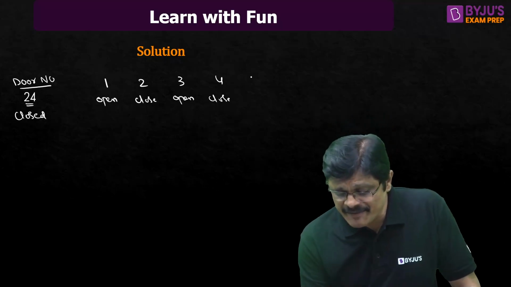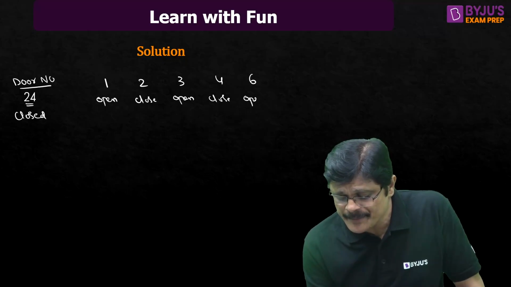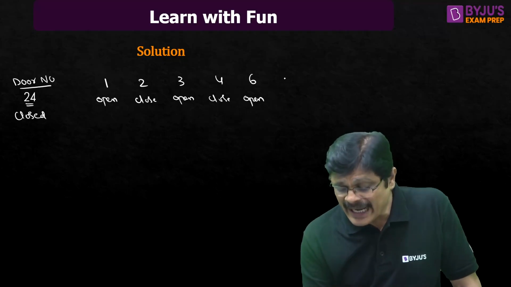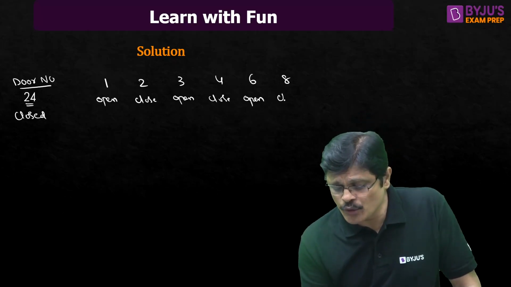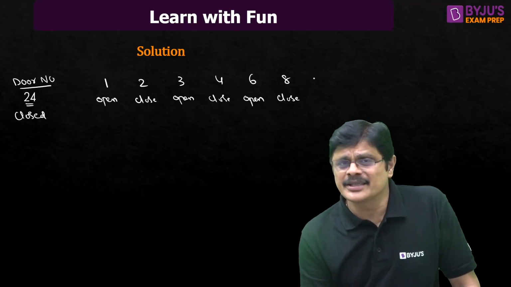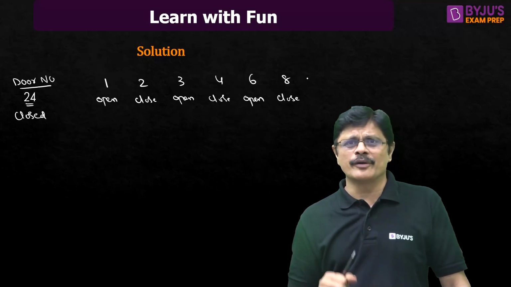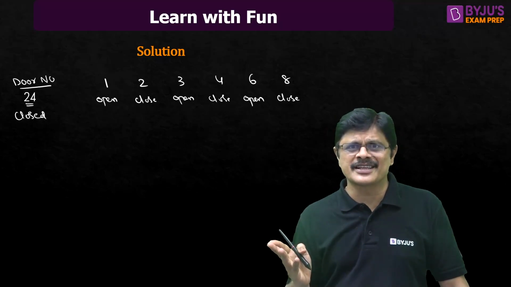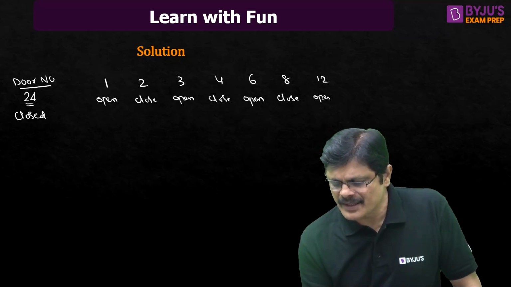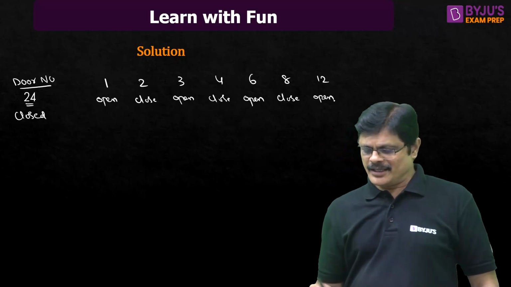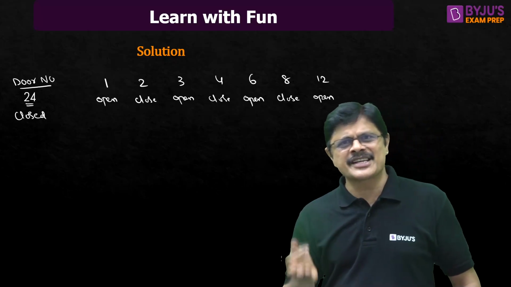Sixth, 6 is a divisor, yes, so he opens. 7, no. 8, he toggles, that is, he closes. 9th, no, 9 is not a divisor of 24. After 8, what is the next divisor? 12. The 12th student will open, and finally after 12 the next divisor is 24.